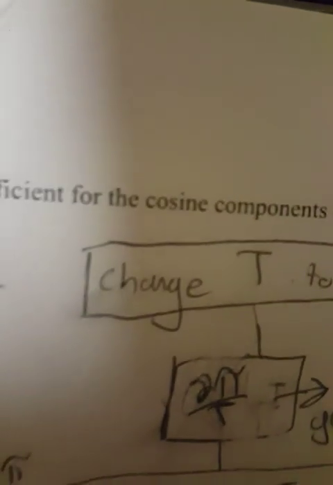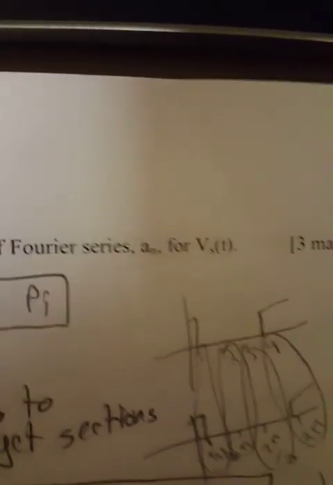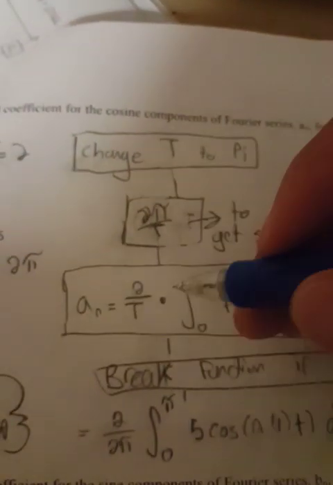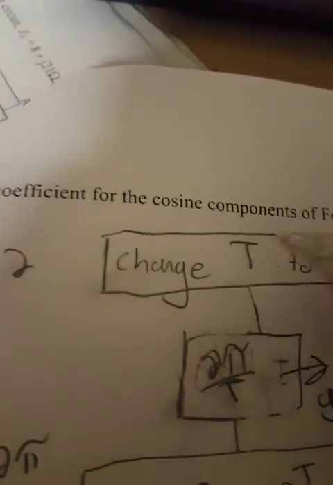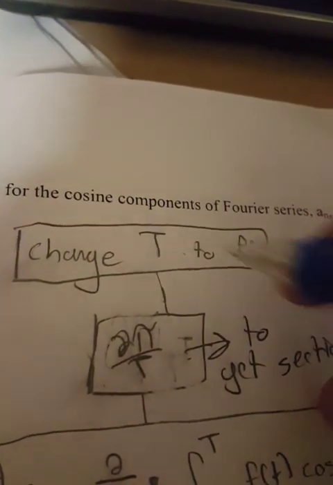Now let's go on to part C. Find the coefficient for the cosine component of the Fourier series. To solve the coefficient of the cosine series, we have an equation for that. The very first thing we're going to do is change the period in terms of pi.